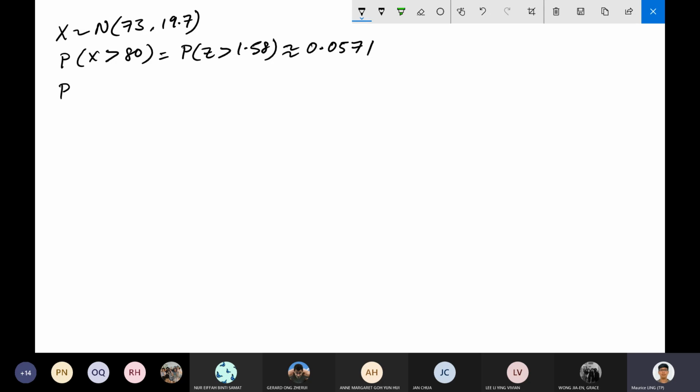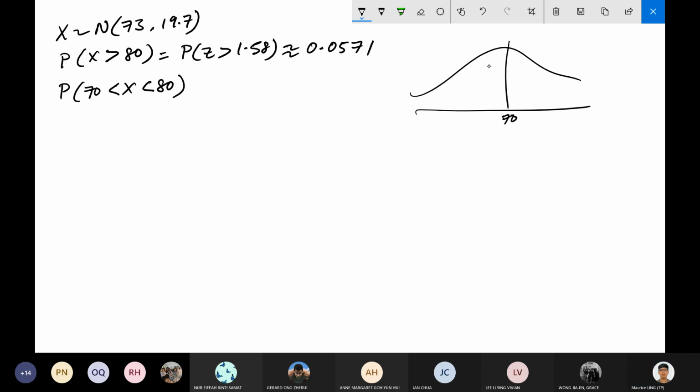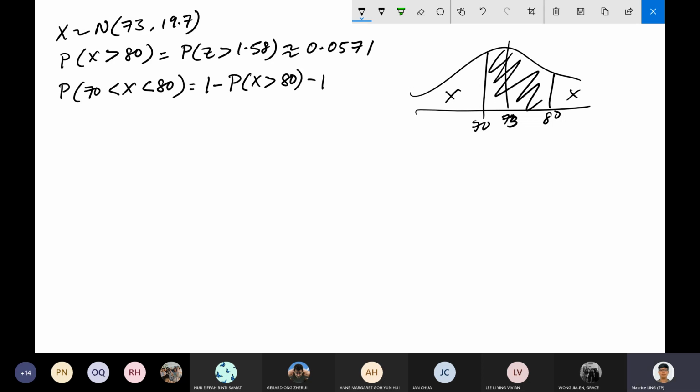Okay. If you want 70, now because you're actually looking at this here, right? This is 70 here. So you want 73. So you want 70 to 80. So you want this area. So it's 1 minus the probability that is more than 80, minus the probability that is less than 70.